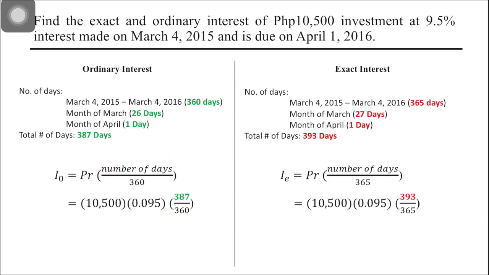So, isolve na to. So, substituting the given, P, which is 10,500, and the interest rate, which is 0.095, then that number of days, so over 360 sa ordinary interest, and over 365 sa exact interest.